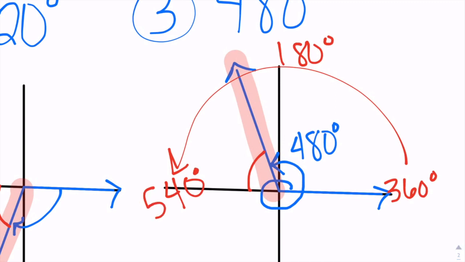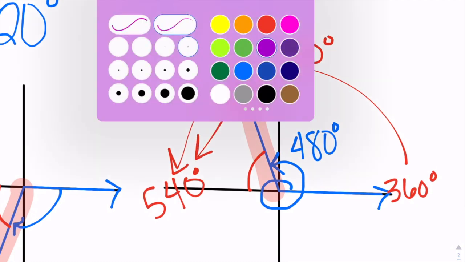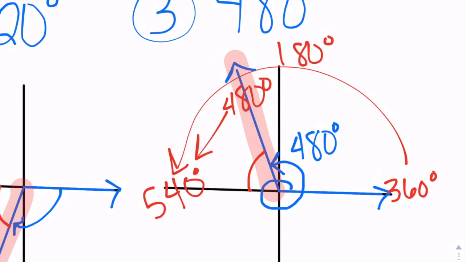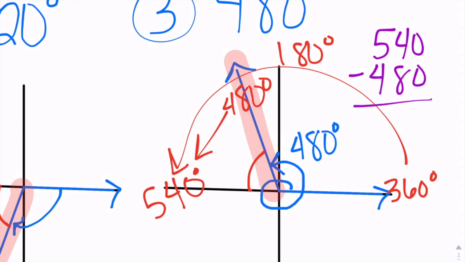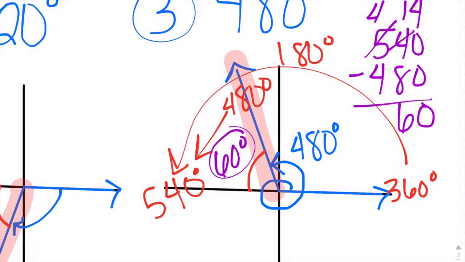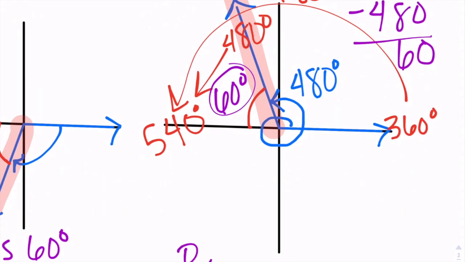So we want to determine how far it is from the 480 degrees to the 540 degrees. You could do subtraction for this if you wanted, 540 minus 480, and you get 60, so that tells you that your reference angle is 60 degrees right there.